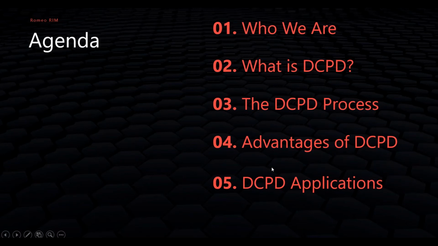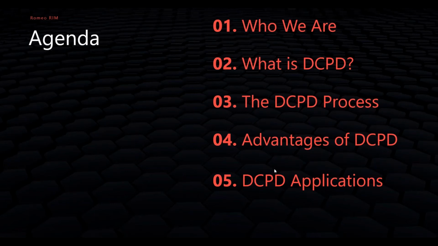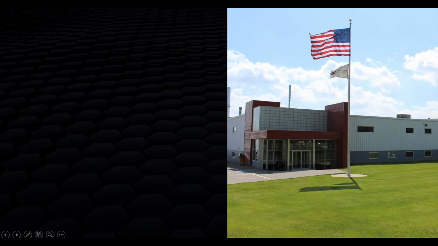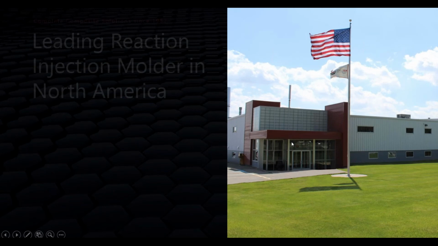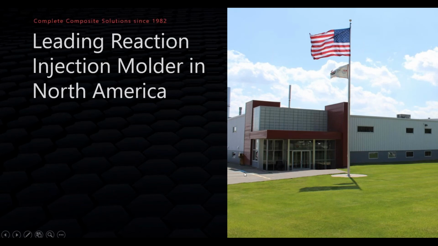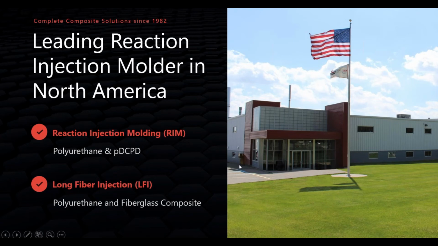Matt, can you give us a quick rundown of Romeo Rim? Absolutely, Brian, appreciate it. So for those of you who are not familiar with Romeo Rim, we are a leading reaction injection molder in North America. That actually is our headquarters in the picture on the right that you see on your screen.